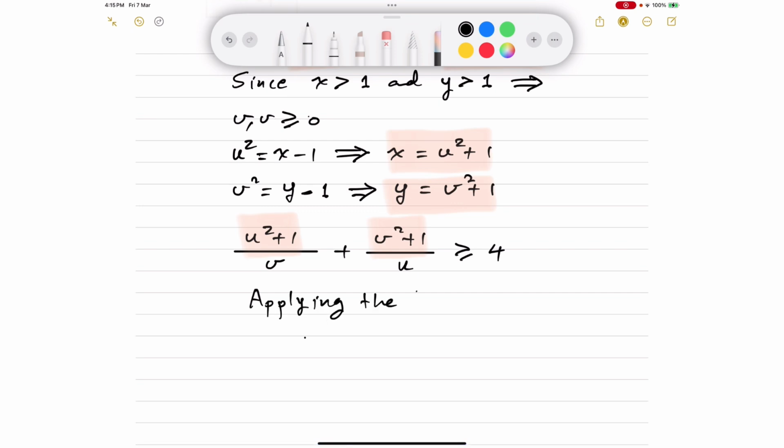That gives us: for the numerator u squared plus 1, if we divide this by 2, then this should be greater than or equal to the square root of u squared multiplied by 1, which is nothing but u, since u is a positive quantity.